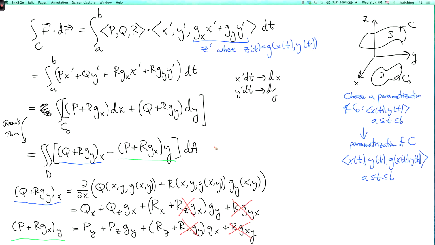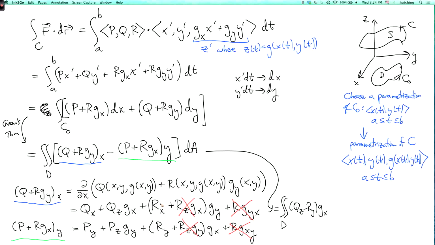And so this integral here becomes the double integral over D of what? So I have some stuff times g_x. What do I have times g_x? I have a q_z minus an r_y. So I have q_z minus r_y times g_x. And then I have some stuff times g_y.